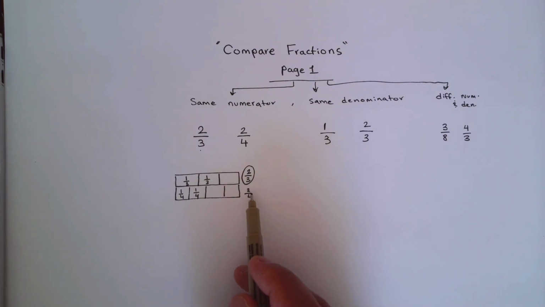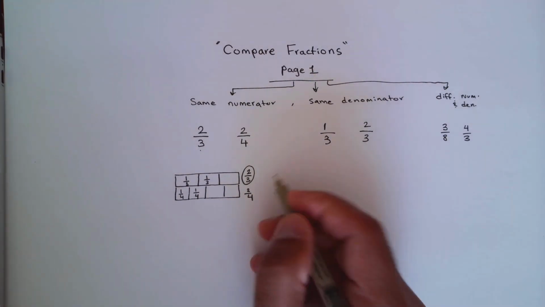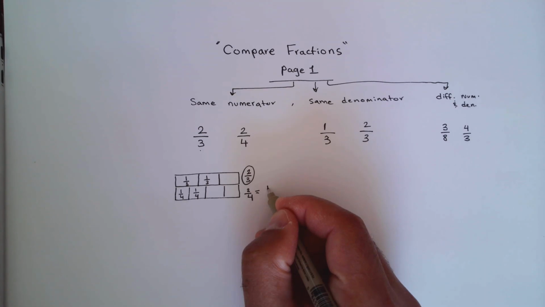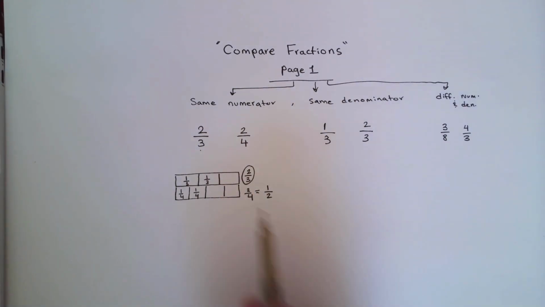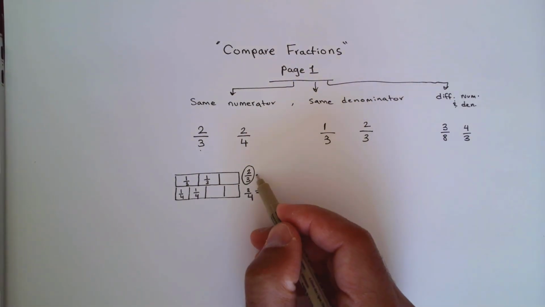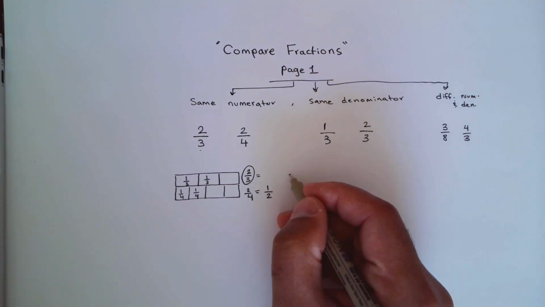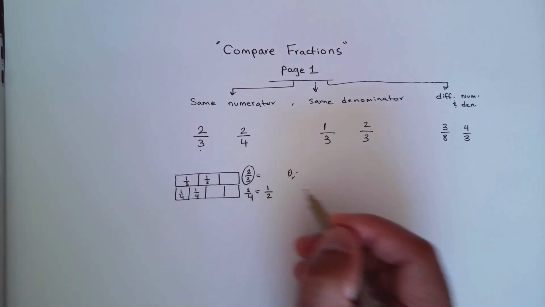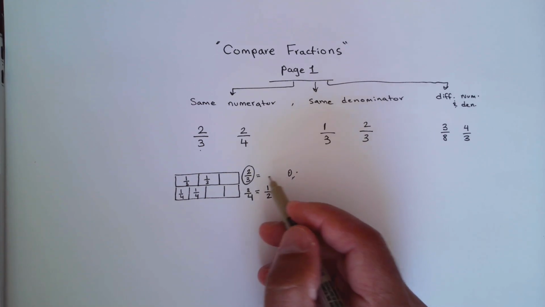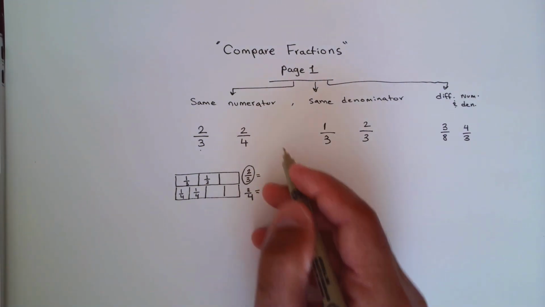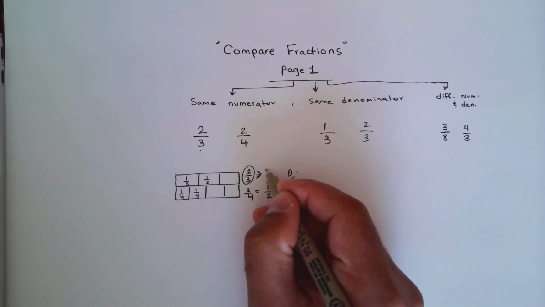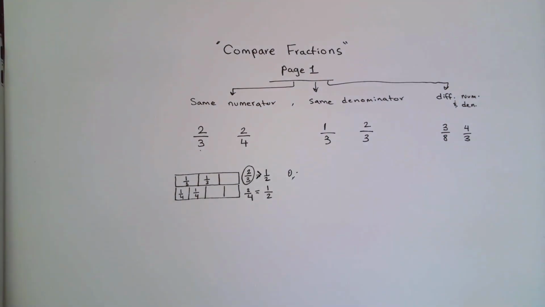The other thing is 2/4 is half, right? Because 2 is half of 4. But half of 3 is 1.5, right? So half of 3 is 1.5, and we have 2. So this is more than a half. The 2/3 is more than a half.